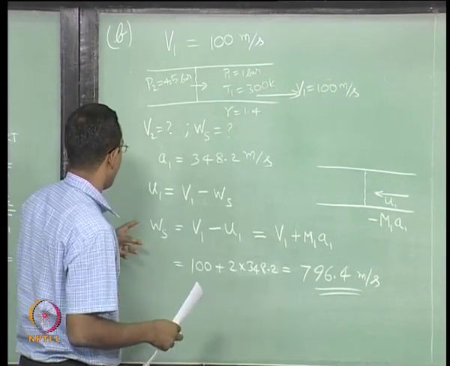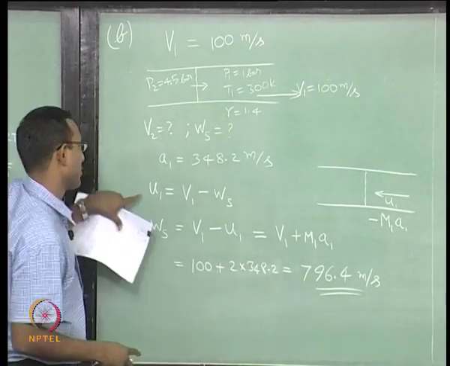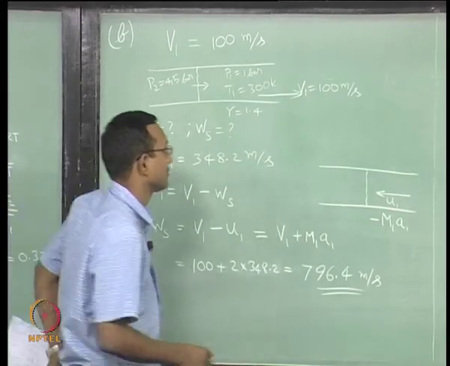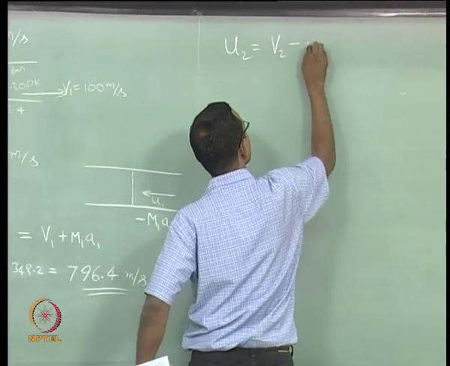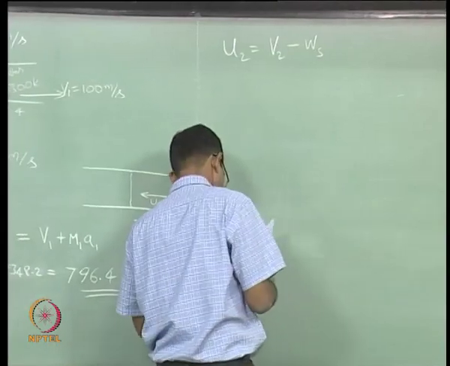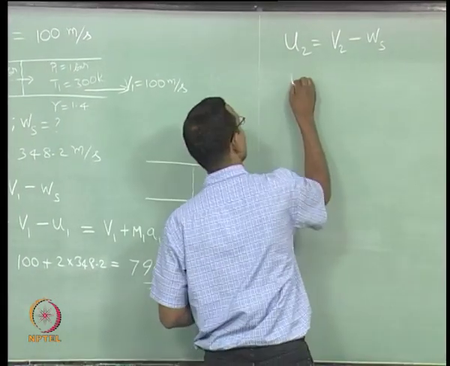Now, I want to go and solve V2. Similar to this formula, we have a V2 formula, U2 equal to V2 minus Ws. So how will I find my U2?